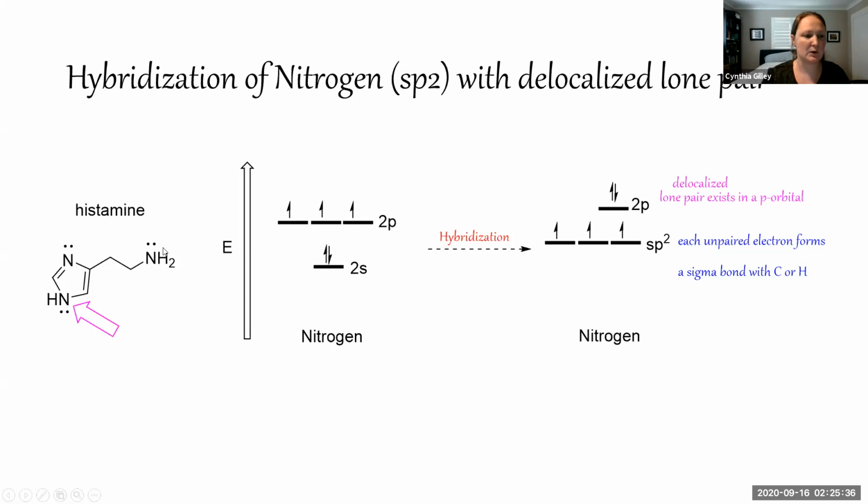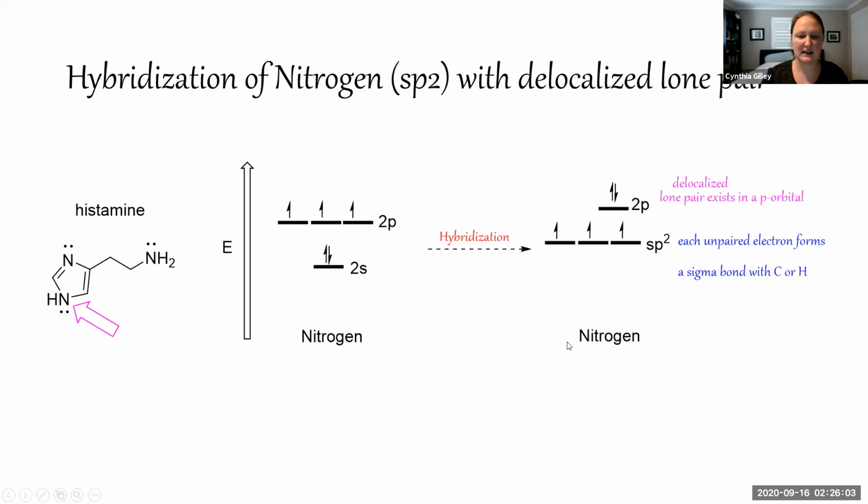Same thing with this one. It's localized. It does not count, right? And with aromaticity, we're specifically talking about rings, so we wouldn't care about this one anyway, right? But this lone pair does count, and it counts because it's part of the series of overlapping p orbitals in the ring. And we can see that it exists in a 2p orbital, delocalized with the 2p orbitals at all of the atoms in the ring.